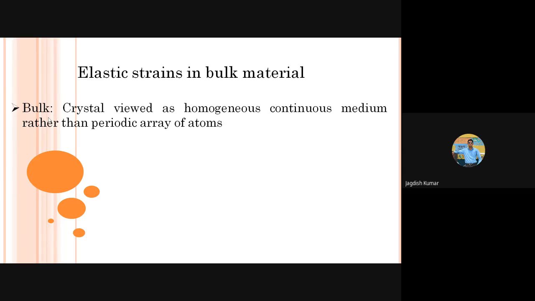We can say the crystal is a few bond distances thick, or a few unit cells thick. In that case, we will call those materials nanomaterials. That's a very fancy name for them.